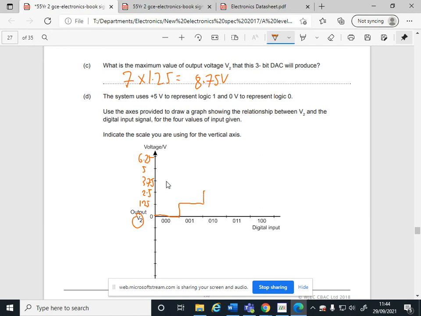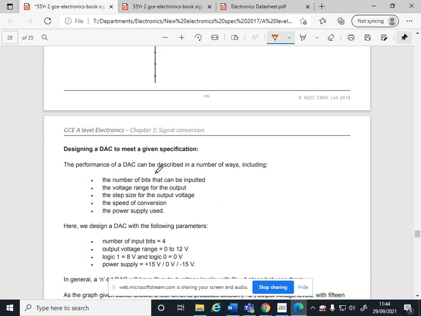Let me just dot across so I can see where they're going up to. There you go.